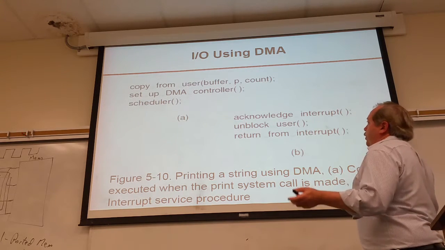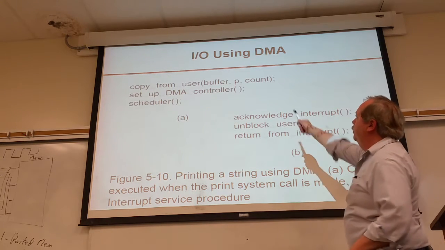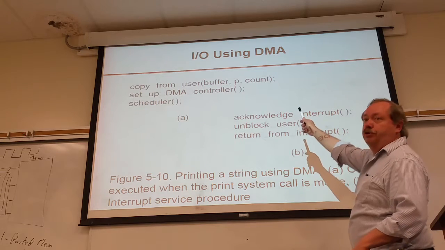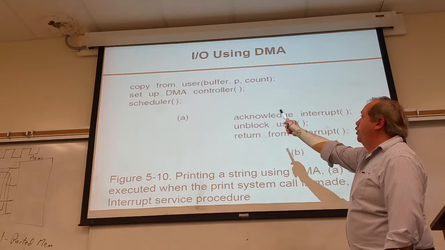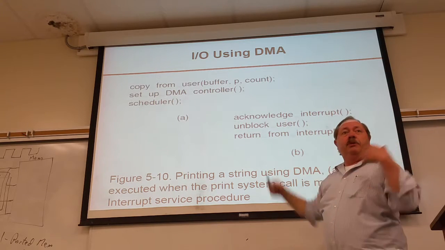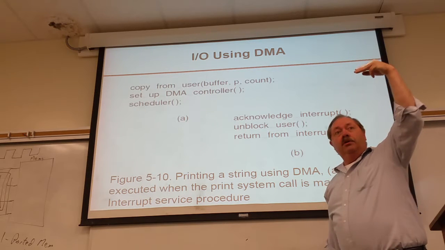So in pseudocode, what did this look like? Pretty straightforward. Copy from user: we move the data from user space to kernel space. Initiate the DMA controller, passing in all the control signals. Remember the three things it passed?